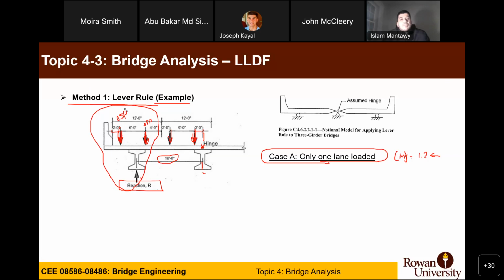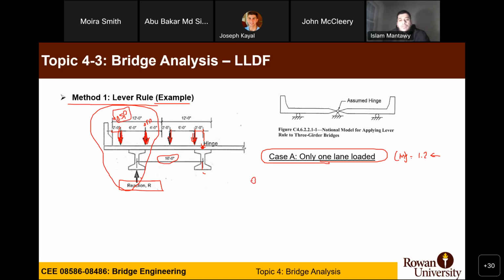Yeah, I'm here. So let's maybe do it together, okay? So you have to only consider one lane loaded, correct? So you have to consider those loads, only the first two, correct? If I take the moment for the first wheel of the first truck around this hinge, how much will it be?